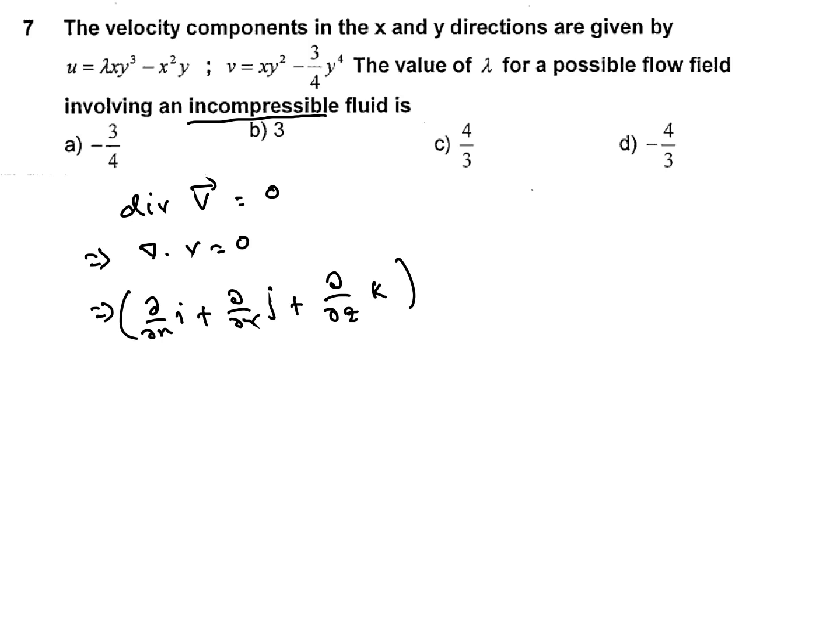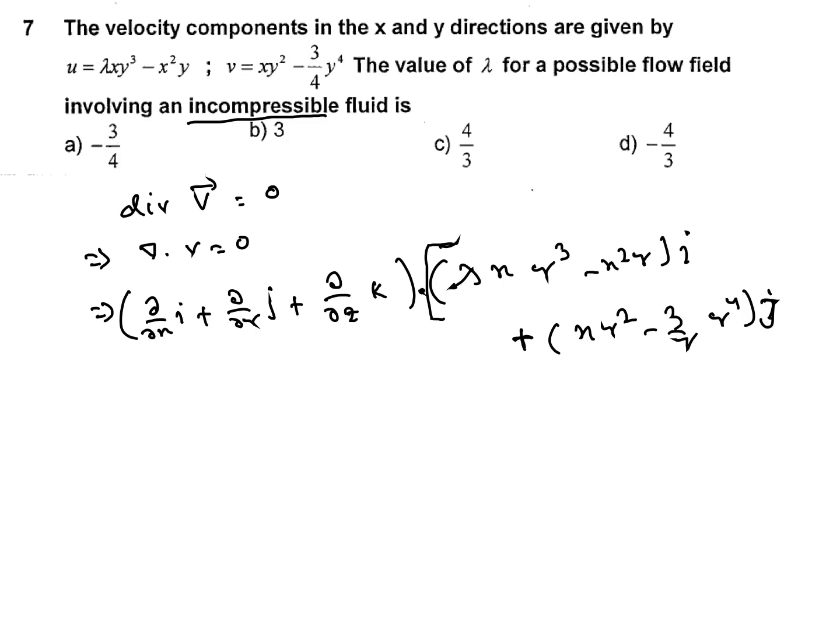The velocity vector V has u as lambda xy cubed minus x squared y, i cap, plus v as xy squared minus 3y to the power 4, this is j cap.